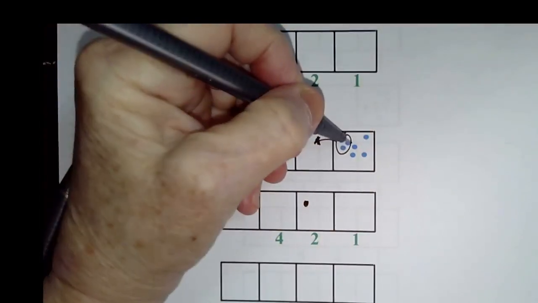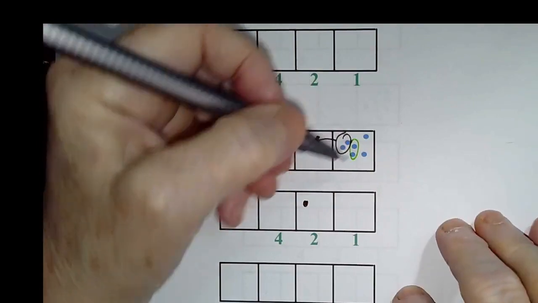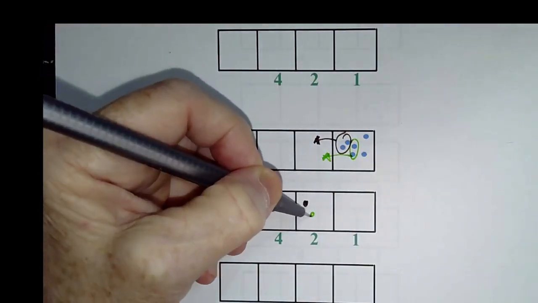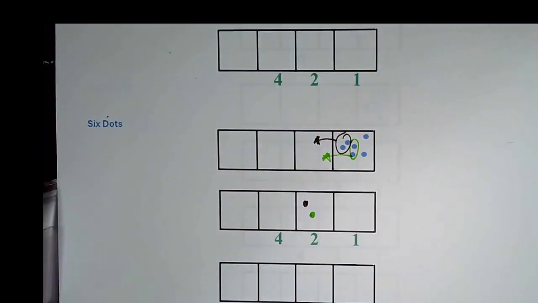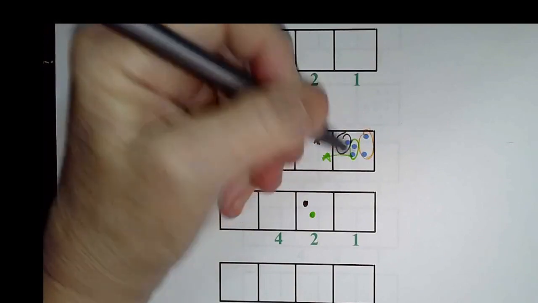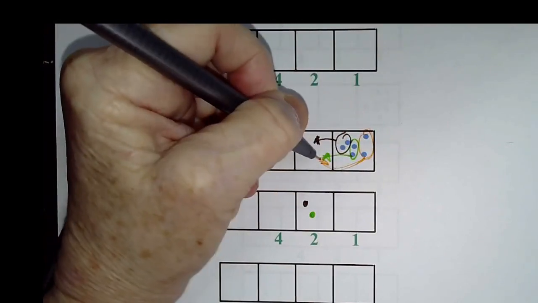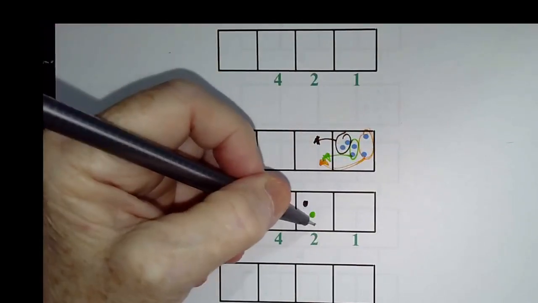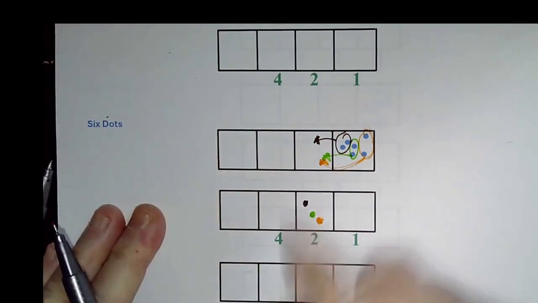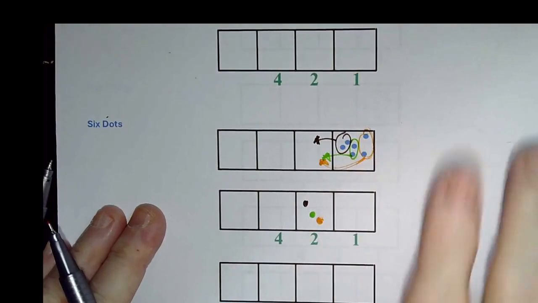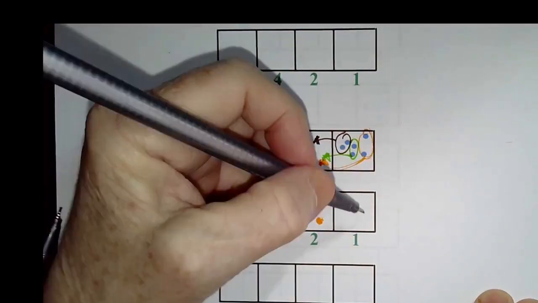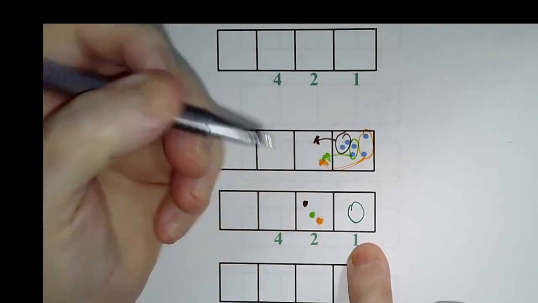And then the next group moving to the right will be this green group. And the next group to the far right will be this orange. And do you notice that we have nothing left in the ones place?